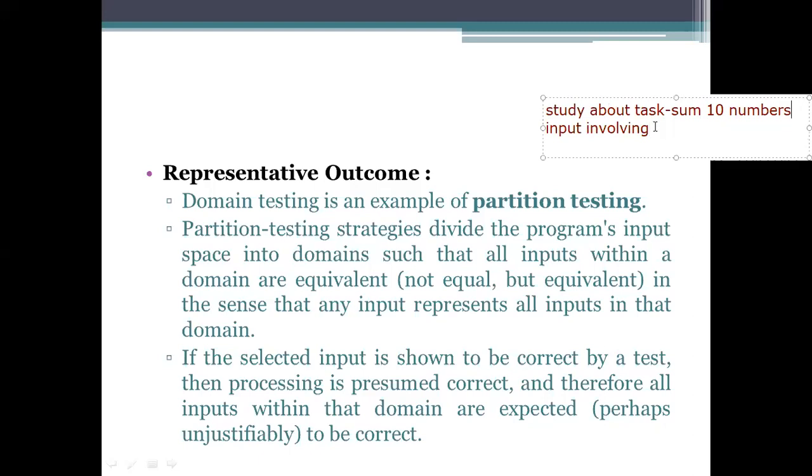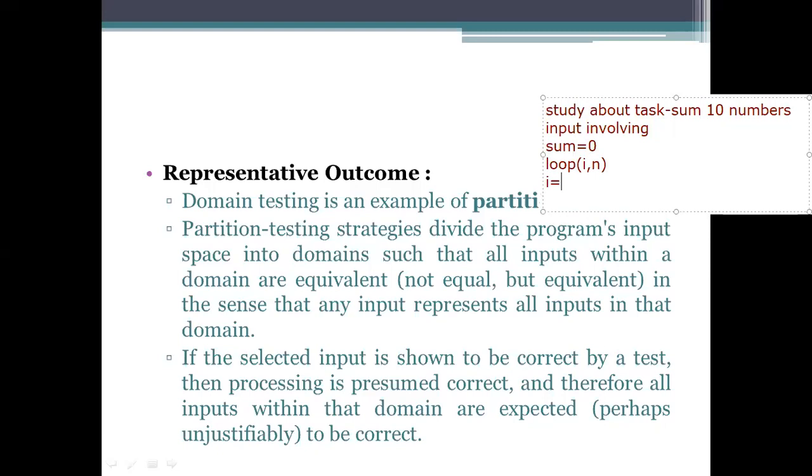So inputs are specified. First I need to take the sum value, which will be taken into the count, and I need to take a loop. In that loop I provide an i value and also n, where i starts from wherever you want the numbering to start.